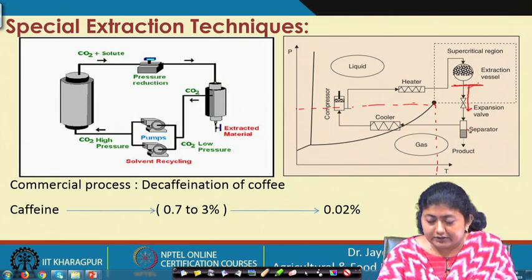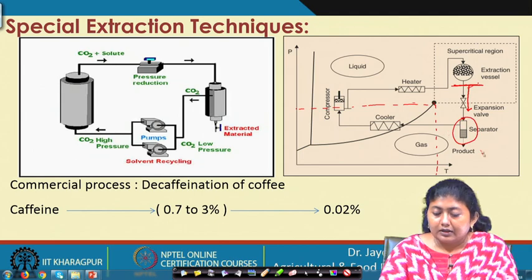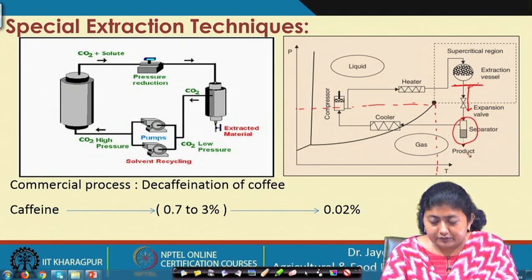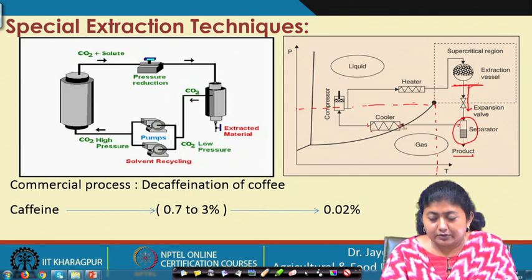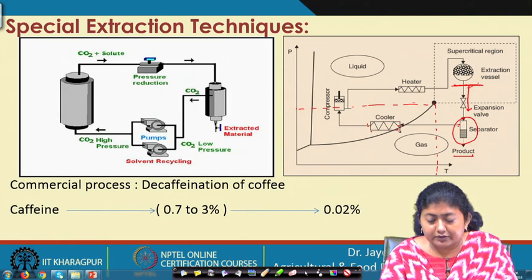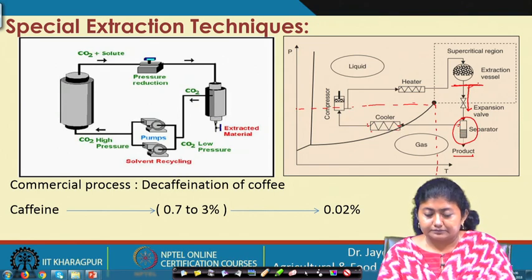We separate the carbon dioxide gas in a separator, and after separation the product comes out from the bottom, because it is deposited, and the gas is taken out to a cooler. Further, the temperature is lowered in that cooler, and when the temperature is lowered, the gas eventually becomes liquid.